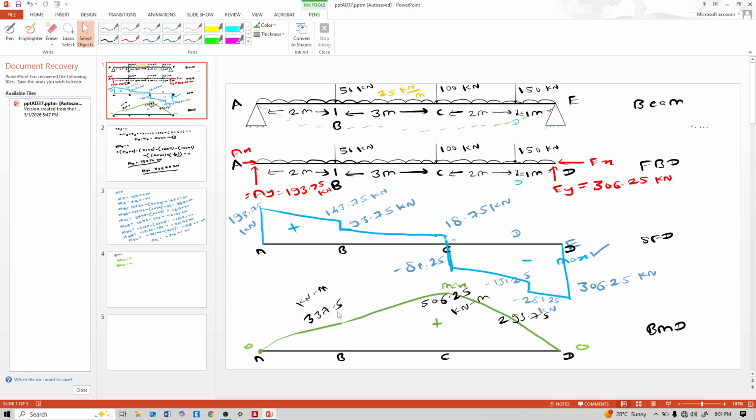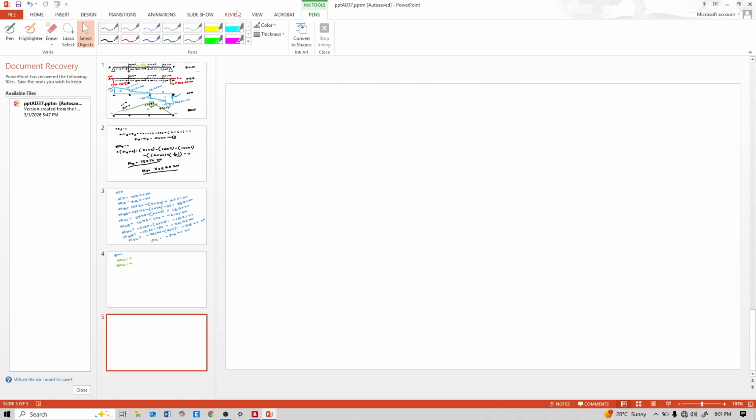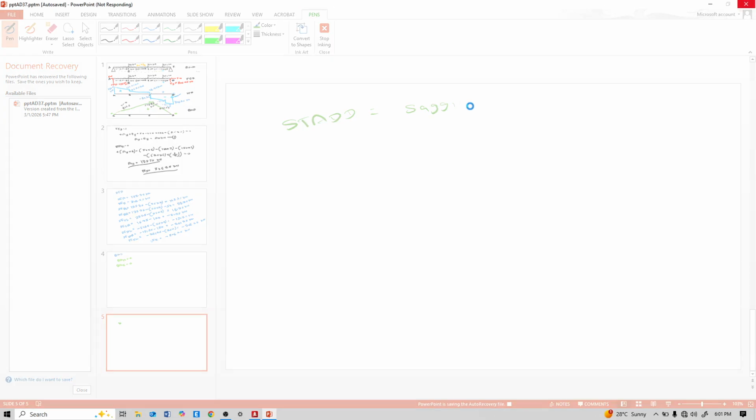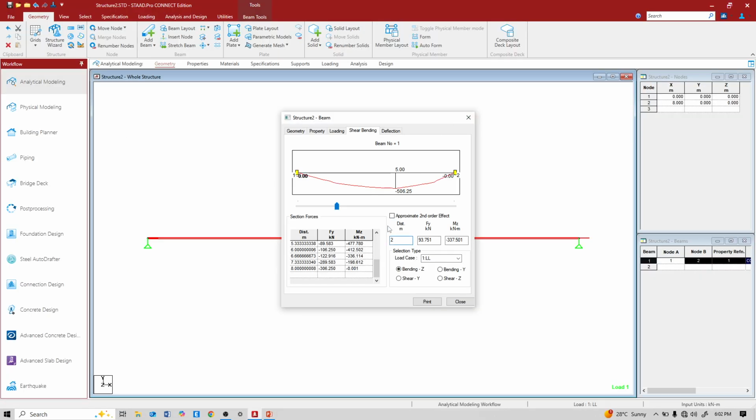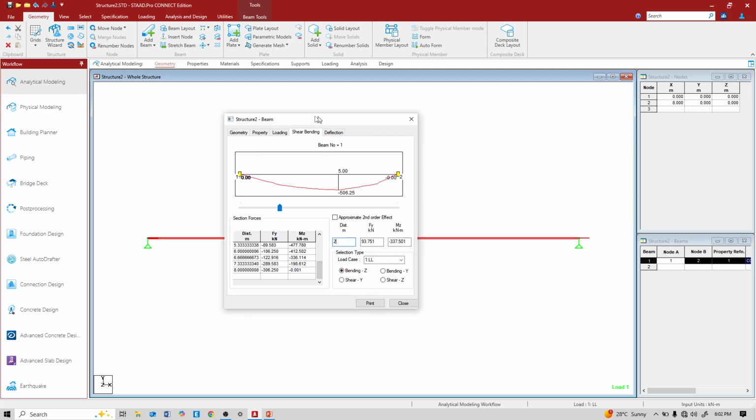StatPro considers sagging movement as negative, but we, while calculating bending movement manually, consider sagging movement as positive. So StatPro sagging movement negative and our manual calculation sagging movement positive. This is the difference.